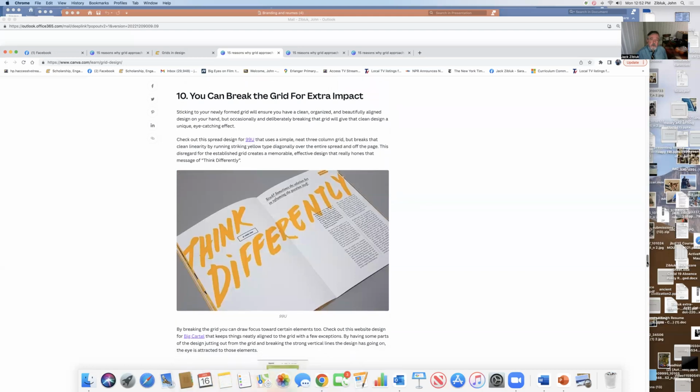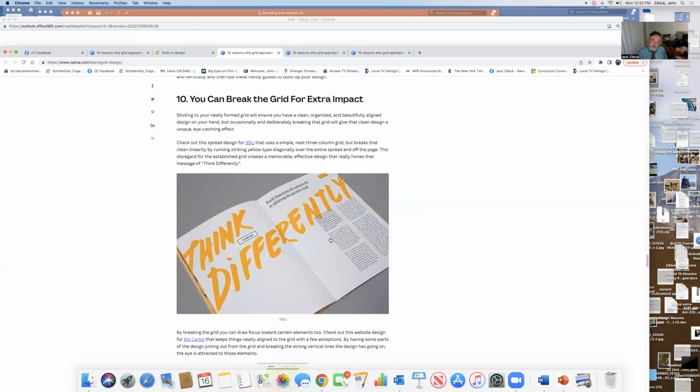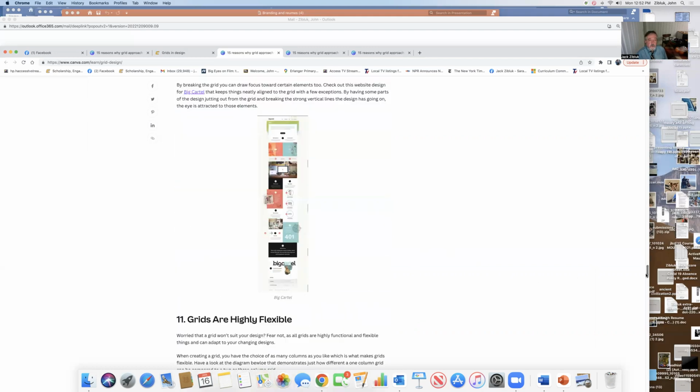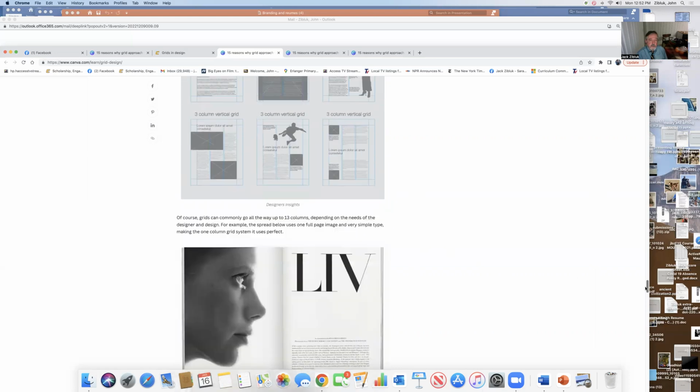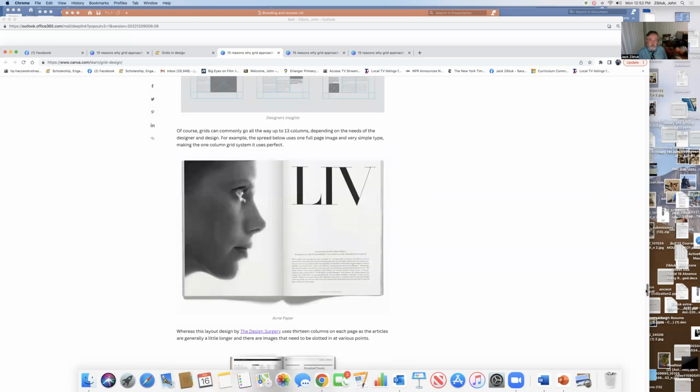Yeah, break the grid. I mean, still a 3-column grid, and then you just throw something on. And if you just throw stuff together, we have what we call the ransom note effect. And see how you can set things up. Look at this, the image was put 3 of the 4 columns on this grid. It's also 4 columns.